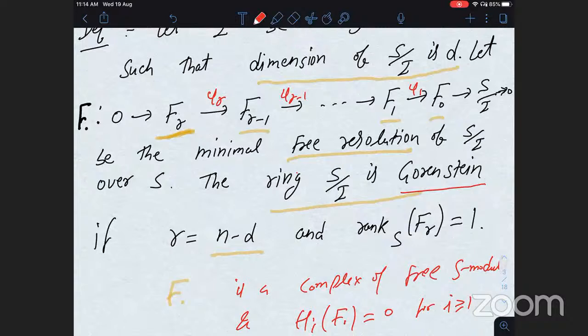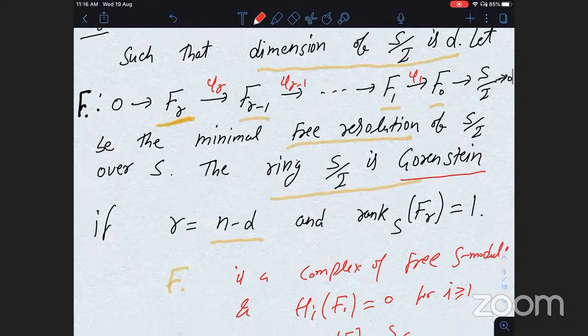Okay. So I was defining minimal resolution. I'll define it for this ring S mod I. Think of S mod I as an S module. Now look at this complex F dot, from 0 to F_r, then down to F_0.